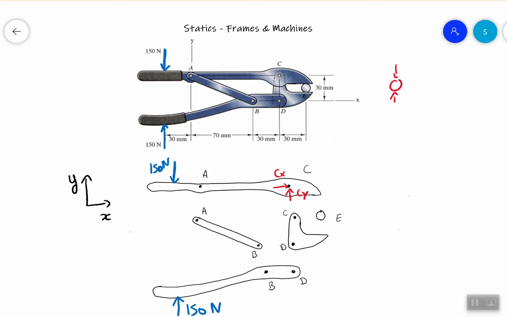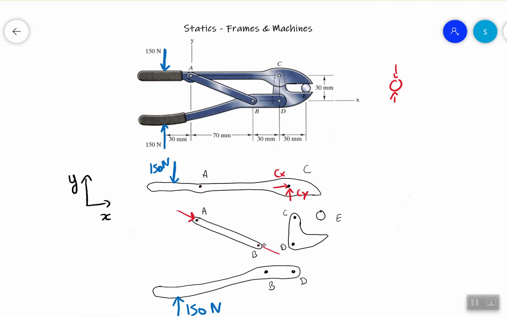But what we should do first is look at all the parts and see if there's a two-force member. And if we look at AB, yes, there is a two-force member. AB is a two-force member. It means that the force AB is aligned with the two pins, the pins at A and at B. Now, what is the direction of the force? Is it a compression or a tension on this part? We are pushing on both handles, so we try to compress this bar.